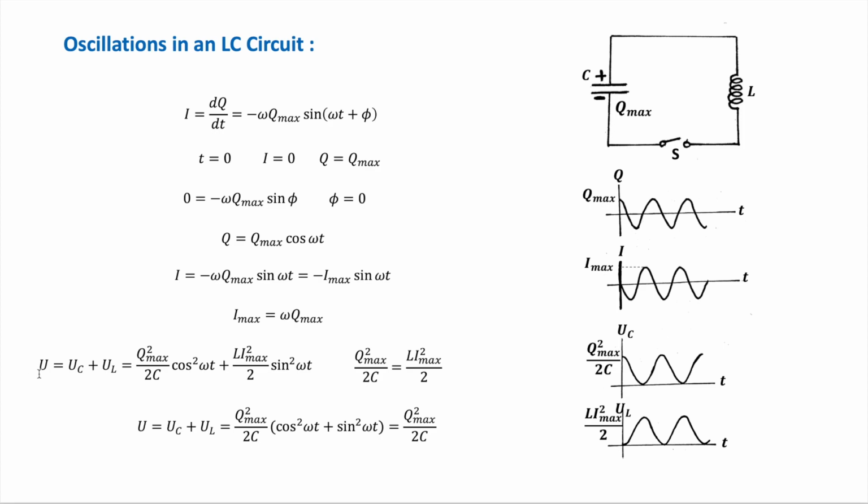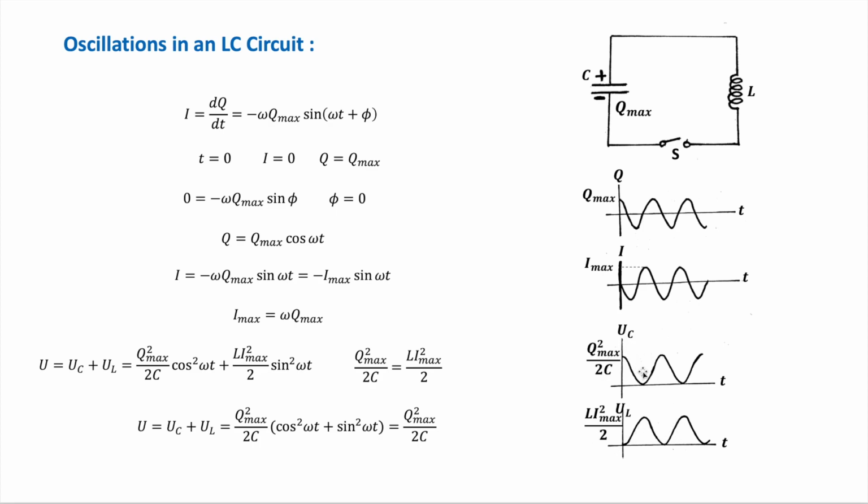And so we have U equal to UC plus UL, and we substitute for Q, Q max square over 2C cosine square. So we substitute for Q this equation, and we substitute for I this one. So this shows that the energy of the system continuously oscillates between the energy stored in the electric field of the capacitor and the energy stored in the magnetic field of the inductor.